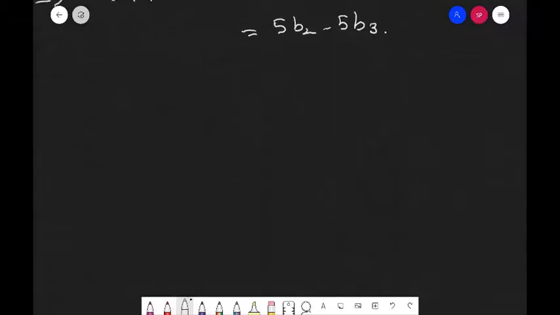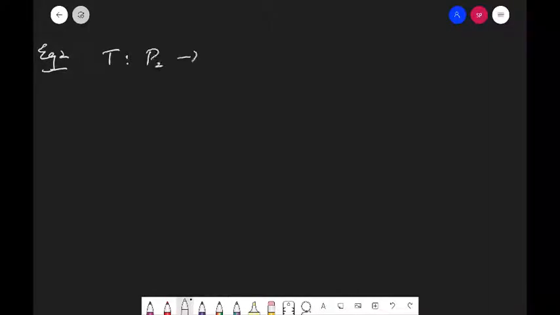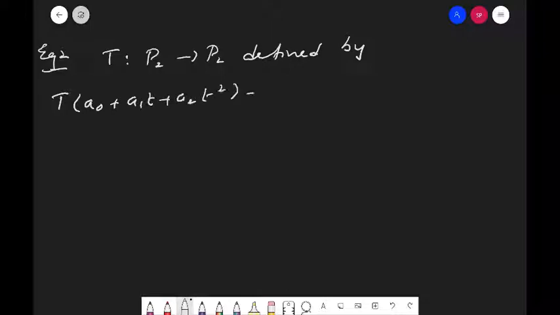Now let us look at the second example. The mapping T from P2 to P2 defined by T of a0 plus a1t plus a2t squared is equal to a1 plus 2a2t is a linear transformation.